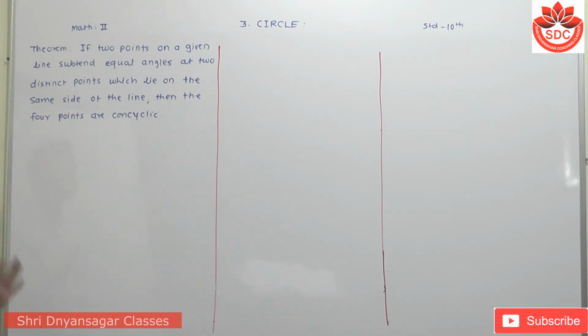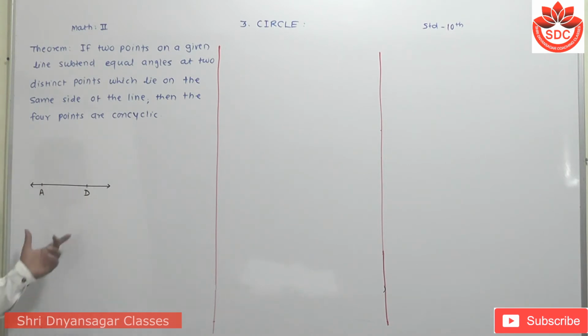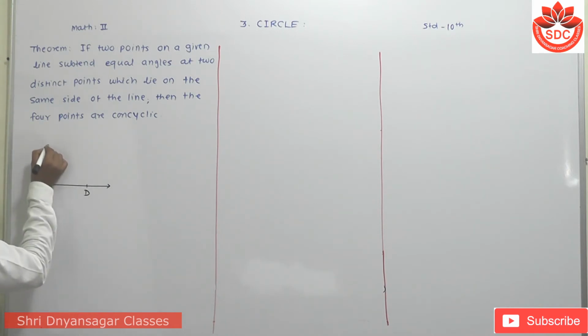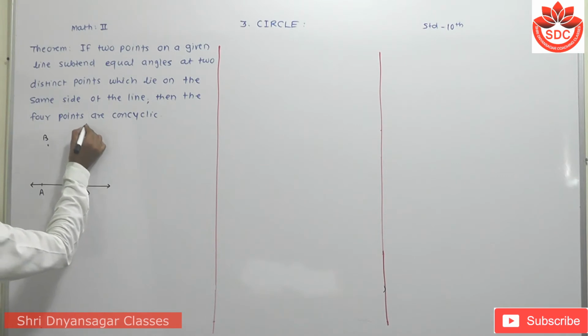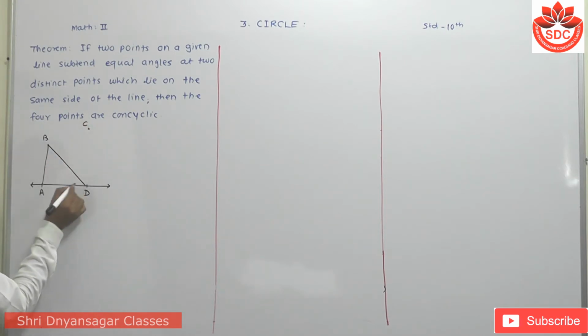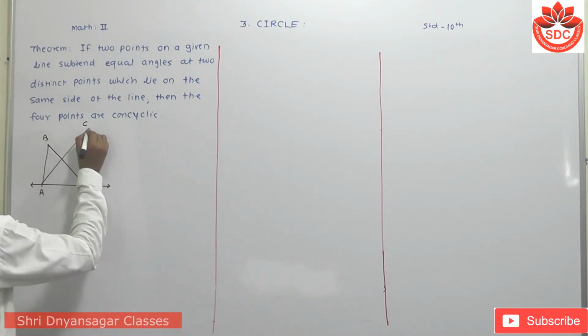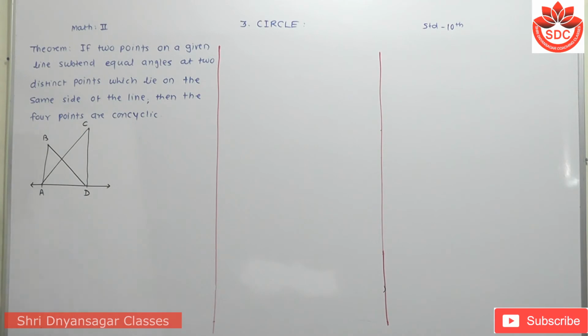For this I have to draw one circle here. Suppose that this is one line and the points are A and D. These 2 points lie on the line, and here is the point B and here is point, suppose, C. Now I have to join AD, AB, BD and AC and CD also.